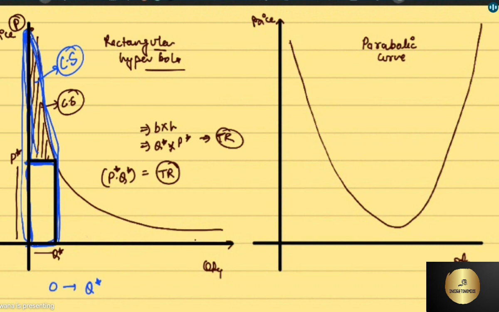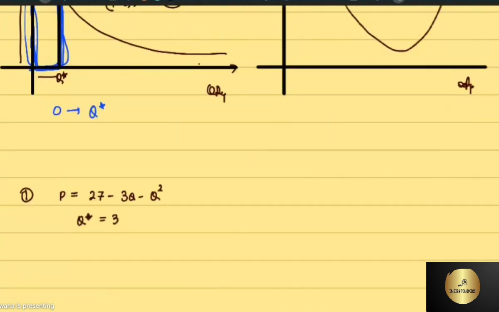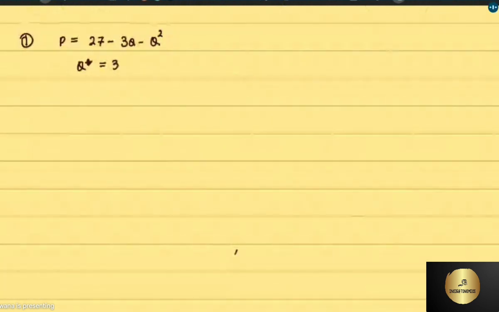We have P star and Q star, so we can find the area of this particular rectangle. So by finding the area below the demand curve up to this Q star level, we will subtract this particular P star Q star, and we will get our consumer surplus, the value for this particular triangle. So let's solve it.